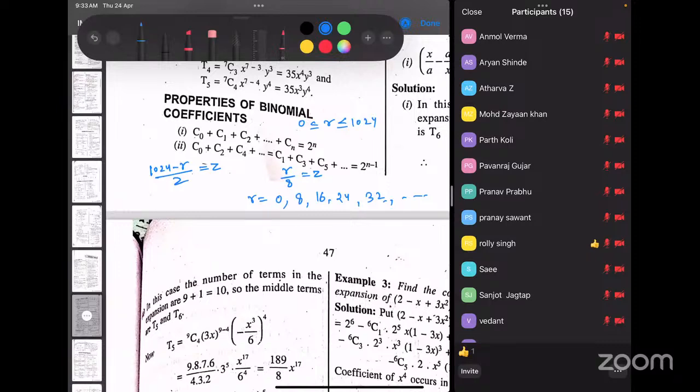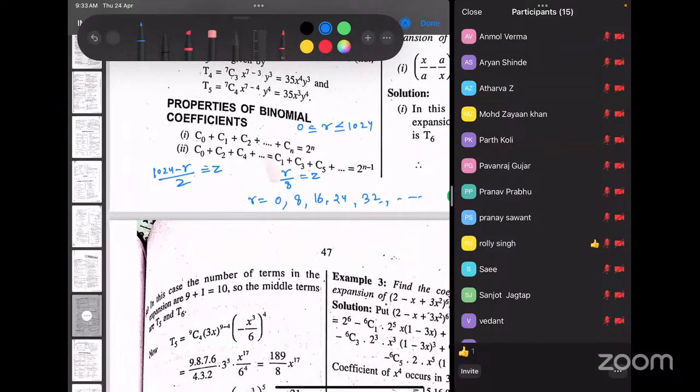Yes. So this will be how much if you divide it? 512 minus R by 2. Since R is a multiple of 8, R will also be a multiple of 2, and if it is a multiple of 2, it will be a perfect number.